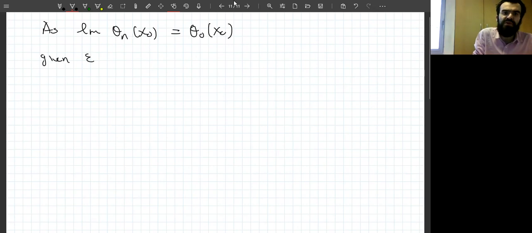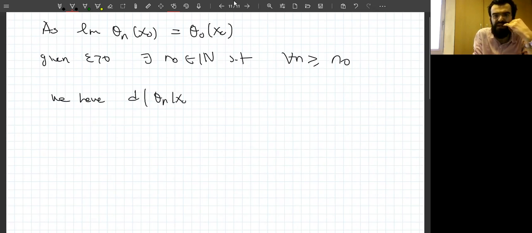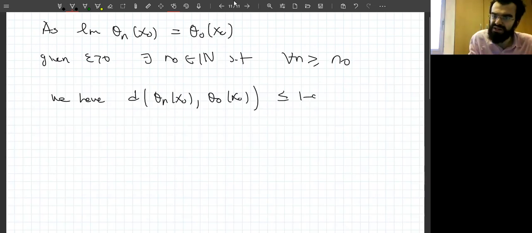Given epsilon greater than 0, there exists n0 in natural numbers such that for all n greater than n0, we have d of theta n x0, theta 0 x0 less than 1 minus a times epsilon.